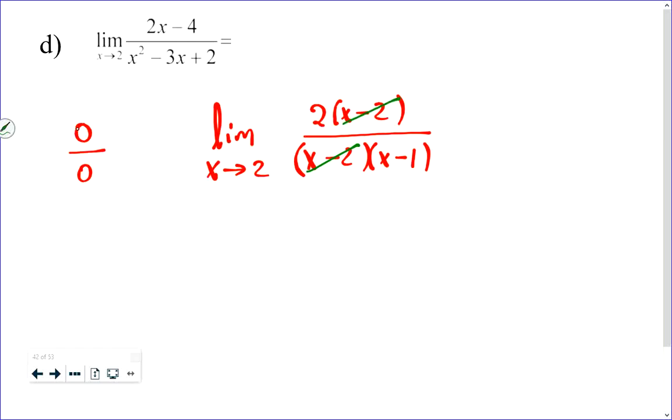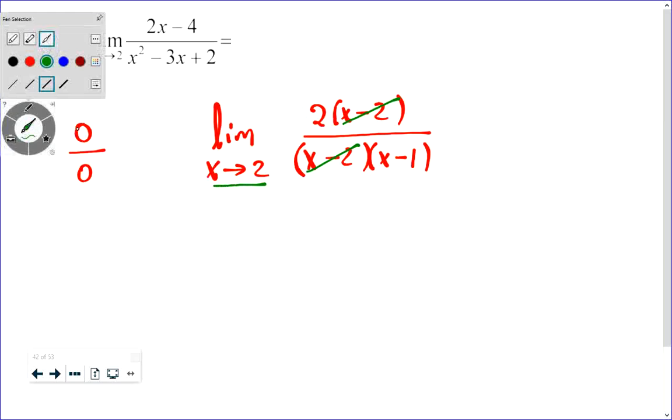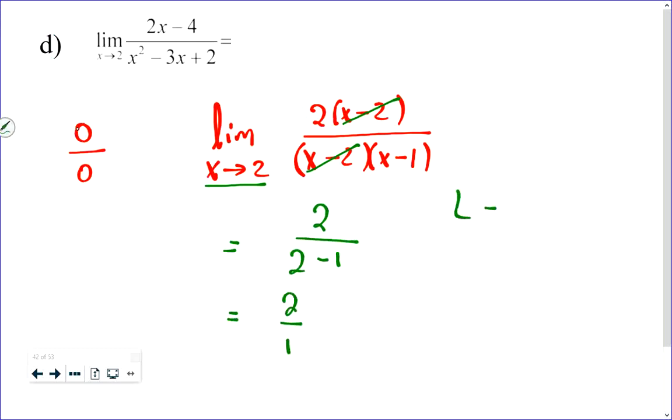And now what happens if I put the 2 in? Remember that x is approaching 2. So now what happens is I will get 2 on the top over 2 minus 1. I get 2 over 1. This limit is equal to 2. And by the way, in case you're wondering, yes, you need to write this each time until you put the value for x in.